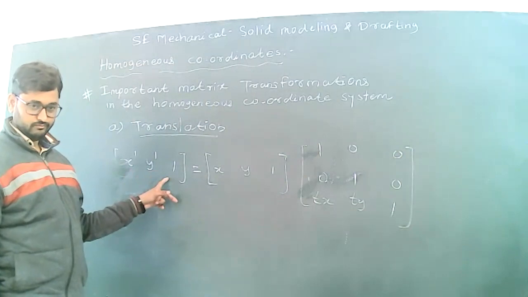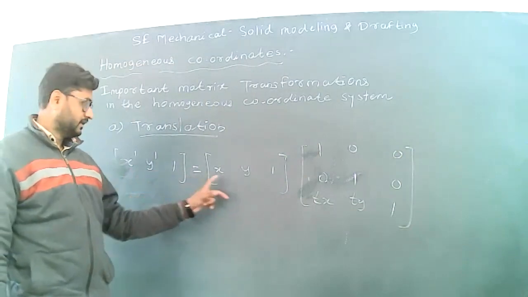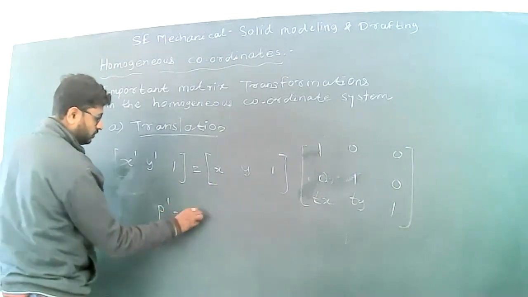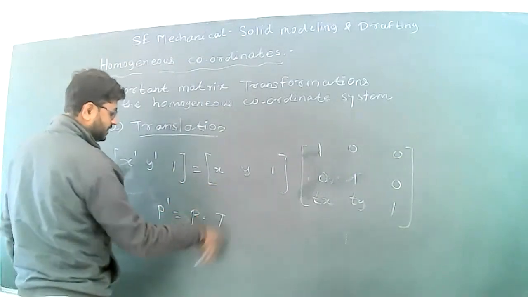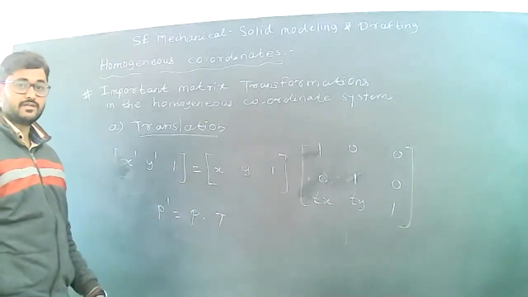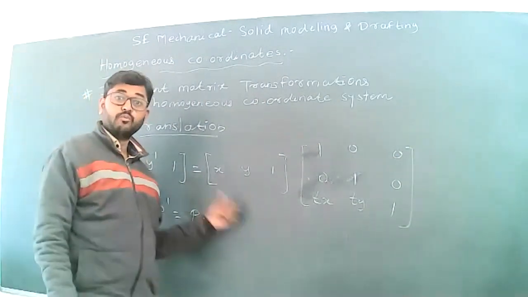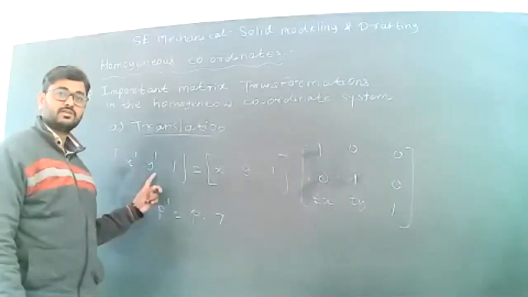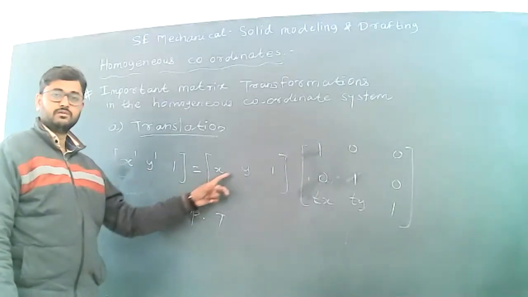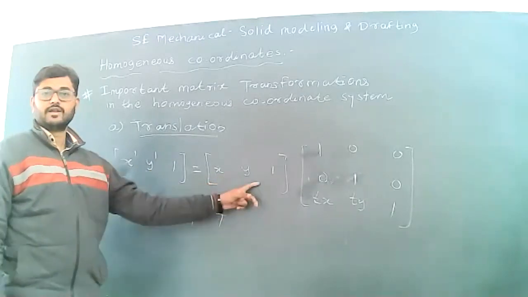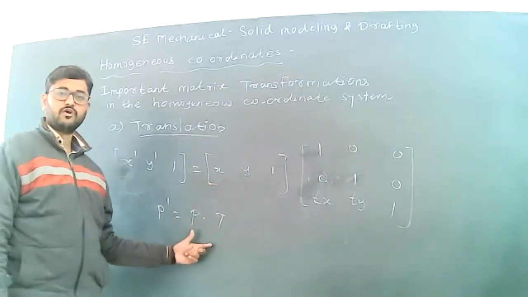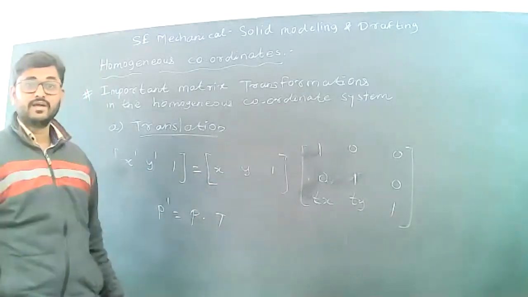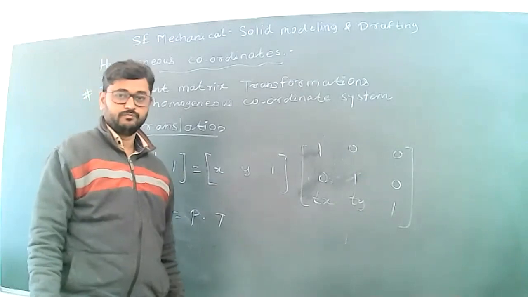This formula is nothing but P' equal to P into T, where P' is the new point, P is the old point, and T is the translation. That means we use the homogeneous coordinate system to perform the translation transformation.